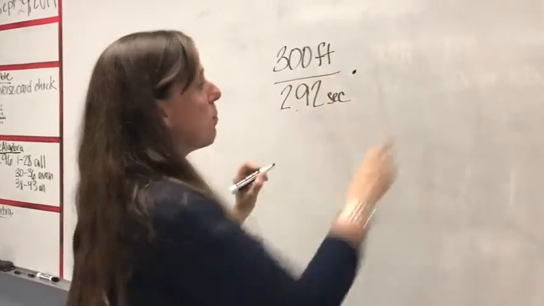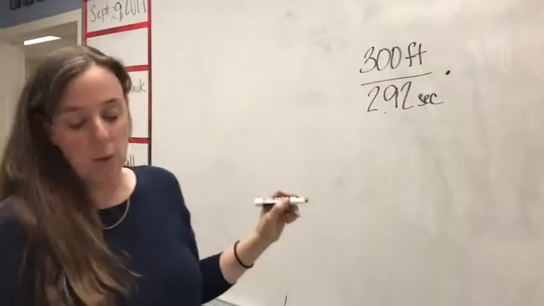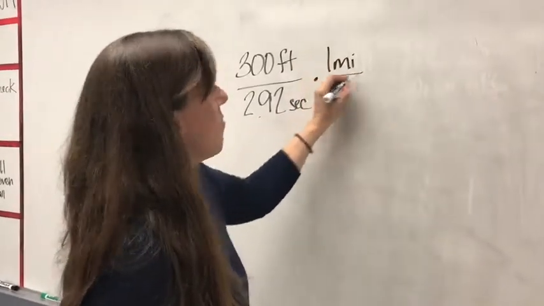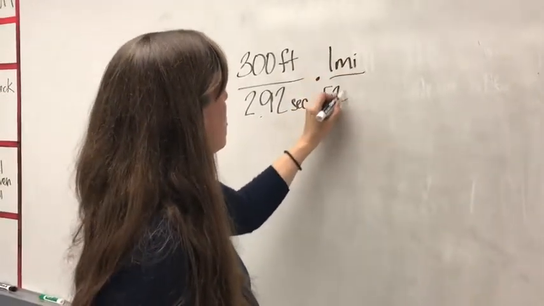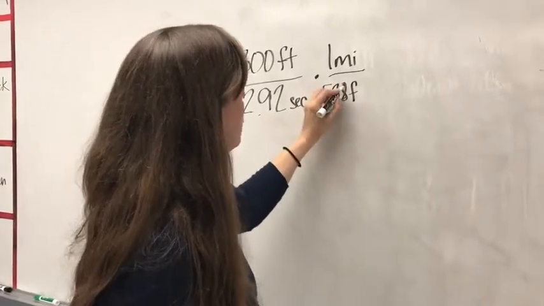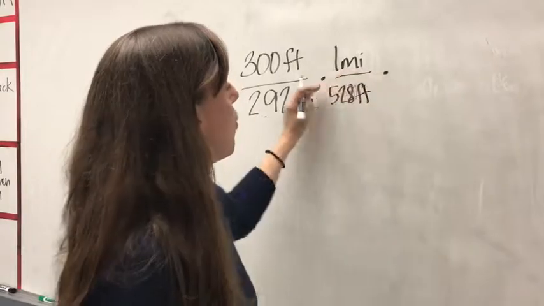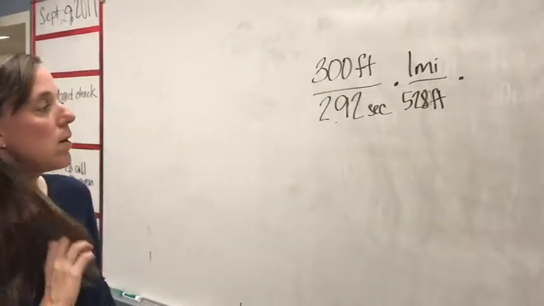So we're looking for miles. So we said earlier that 1 mile was how many feet? 5,280 feet, okay? Remember, this is multiplication.